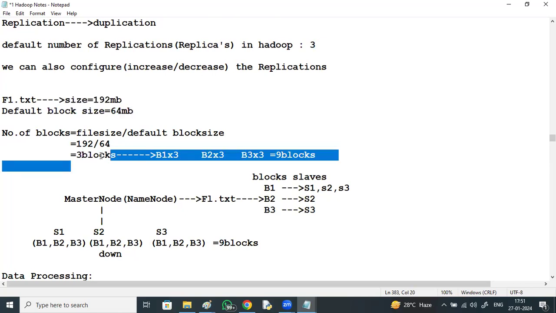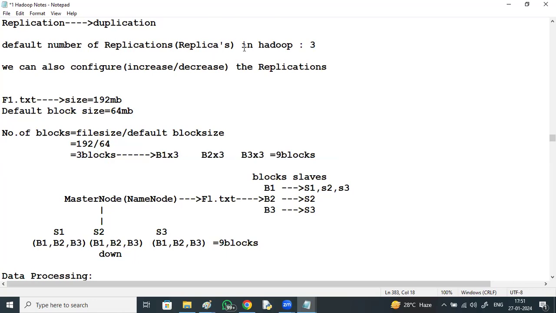What do we mean by replications? B1 is replicated 3 times, B2 3 times, B3 3 times, totally 9 blocks.